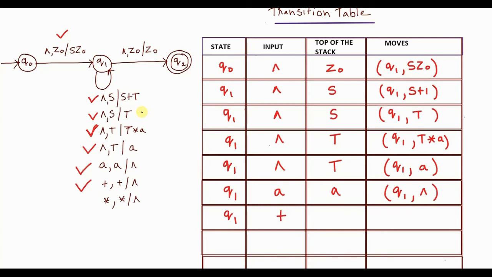When plus is encountered as the input symbol, plus is on top of the stack. You remain in the same state by doing what operation on the stack? Popping. So it's again pushing null. And for the last one, for into, you again remain in the same state, and since you pop out, this is the operation that is performed.